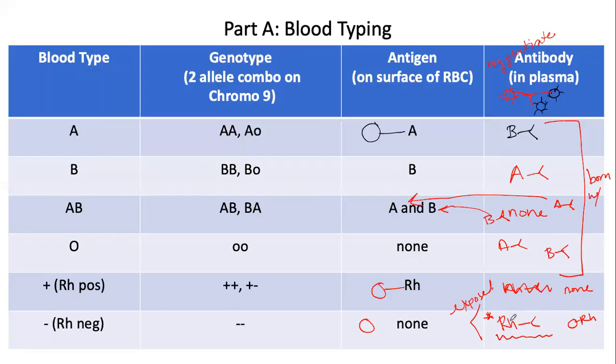So you don't make the Rh antibody until you're exposed to Rh positive blood. And that follows the same line as, oh, I came in contact with bacterial pneumonia. I'm going to make an antibody against that specific species of bacteria, right? Oh, I have COVID-19. I'm going to make an antibody specific for COVID-19.